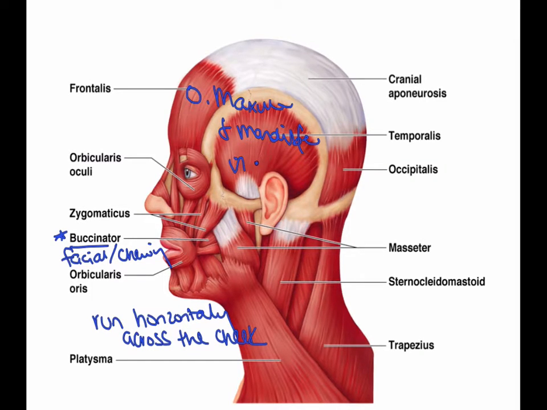And then the insertion of the buccinator is going to be the Orbicularis Oris. And then the major function, or the primary function here, is to compress the cheek. Sort of like a sucking motion. Could also help to whistle.